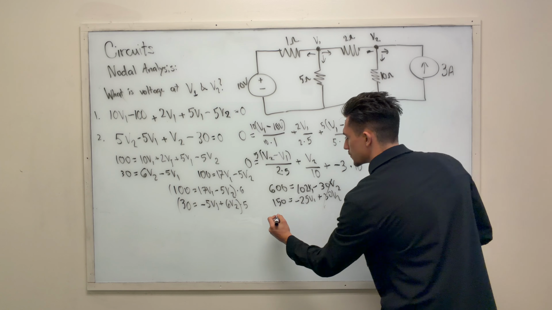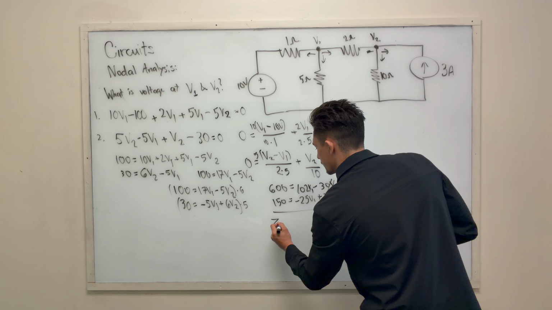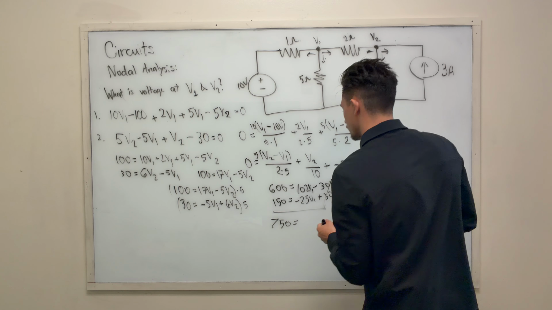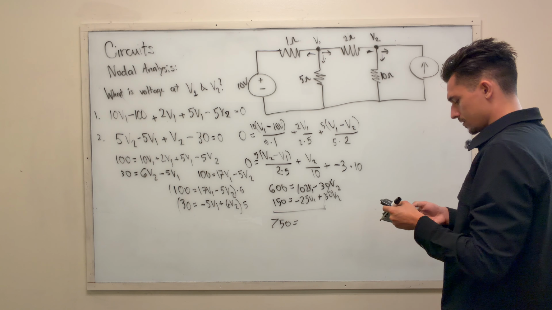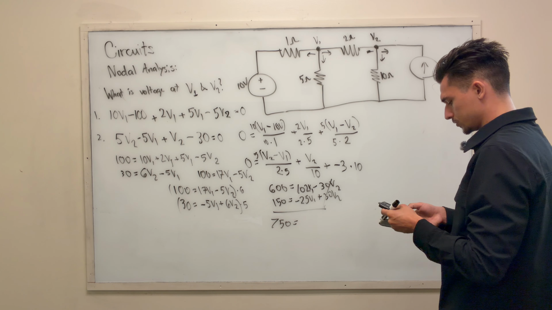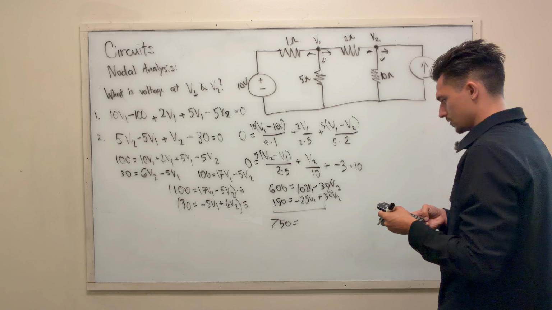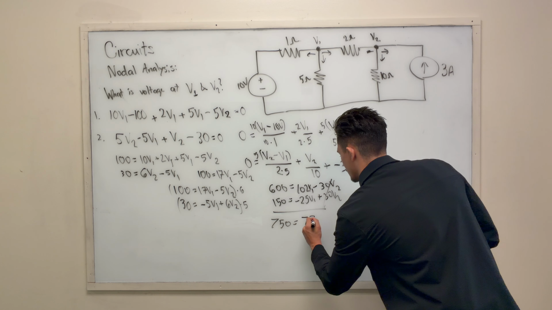So add these, so we have 750, which is equal to 102 minus 25, which gives us 77 v1.